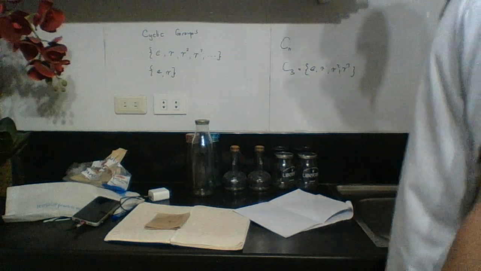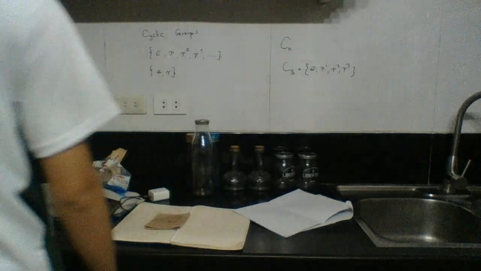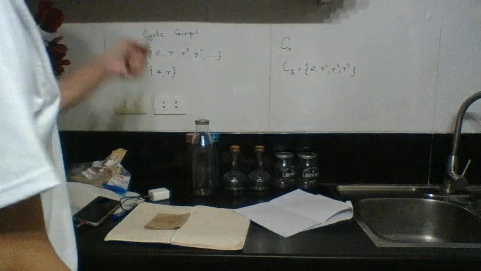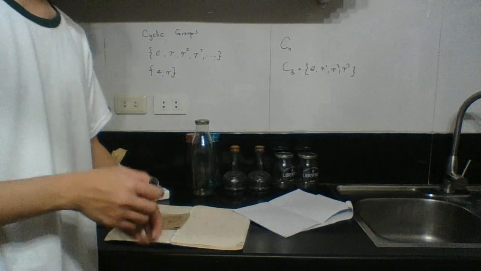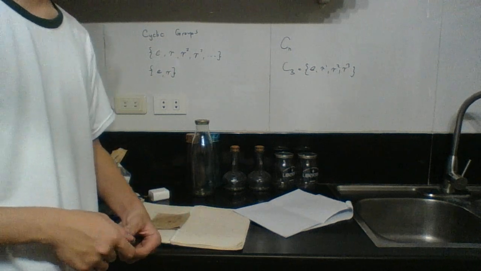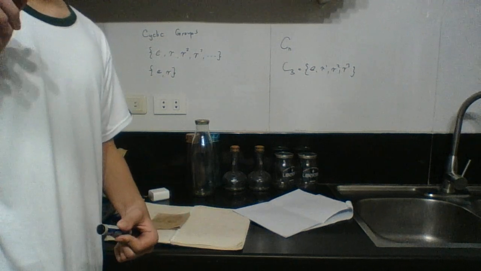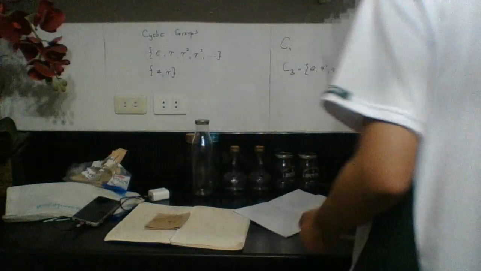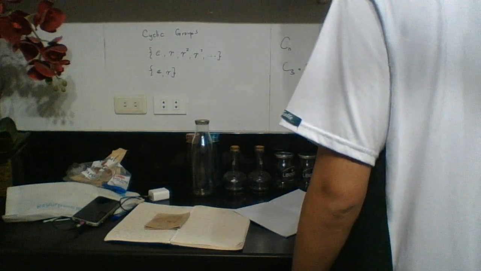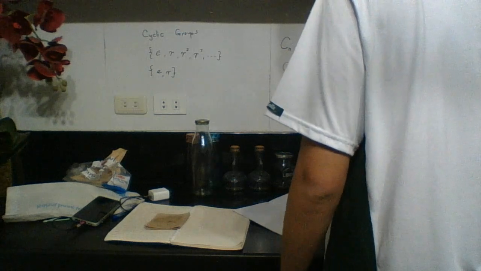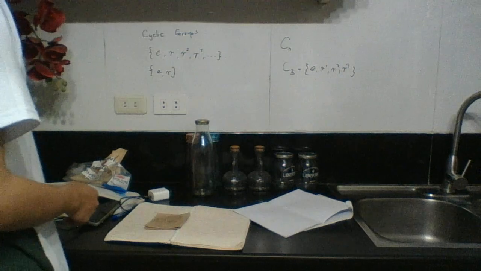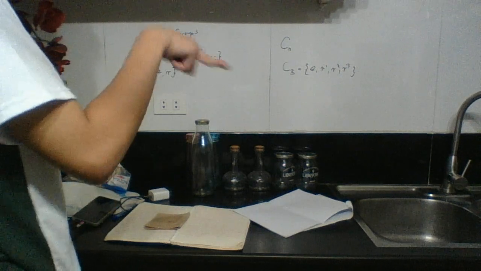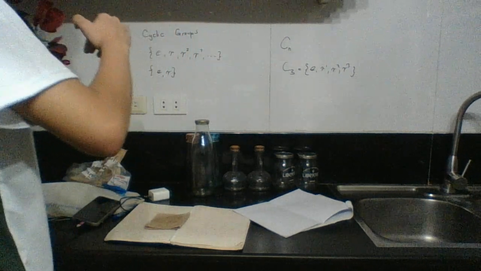Now the problem with cyclic groups is that we don't quite have inverses here. So how is it a group if every one of these guys doesn't have an inverse?